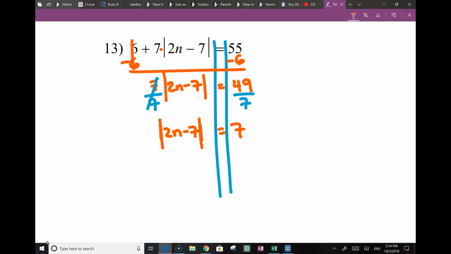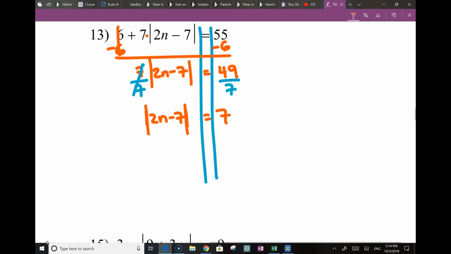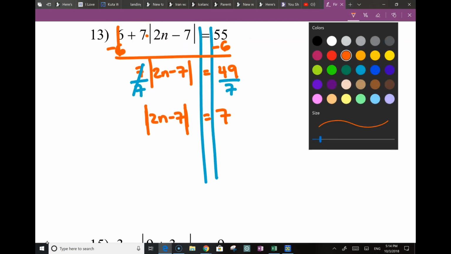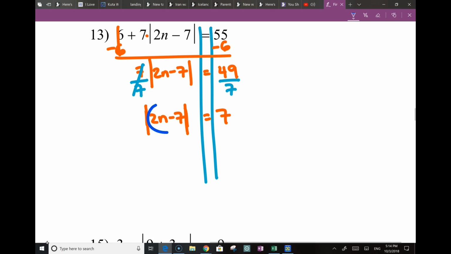This is 7. So absolute value has to do with distance from 0. You want to think of it this way. What number is 7 steps away from 0? What numbers are 7 steps away from 0? Well, on a number line, if I were to start at 0 and go 1, 2, 3, 4, 5, 6, 7, I'd be at the number 7. But a number line has 2 directions.